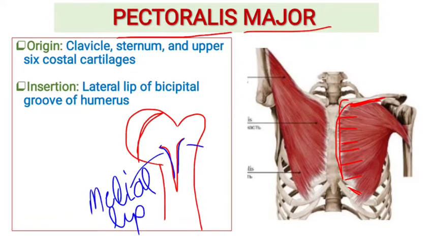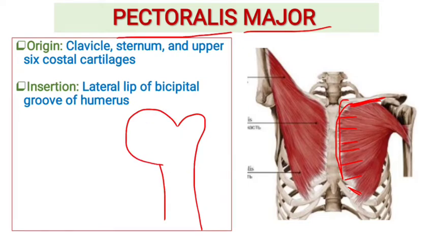And the lateral border or the lateral edge of your bicipital groove is known as your lateral lip. So these are the specific lips of your bicipital groove. Your pectoralis major muscle inserts to your lateral lip of the bicipital groove of the humerus. Essentially, that's just a bit lateral on the aspect of the humerus. So this is the origin and the insertion of your pectoralis major.